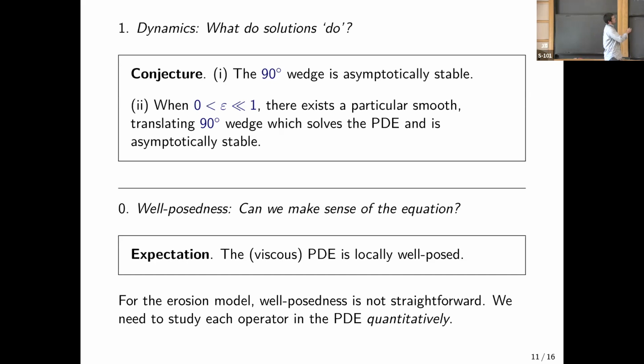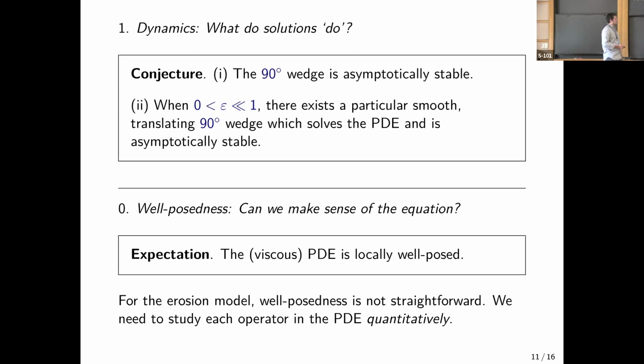But I wrote this as step 1. There's a step 0. The step 0 is really, do the equations make sense? So we talk about, are they well posed? Do solutions exist? Are they unique? Do they depend in a sensible way on the initial data? For most PDEs, you don't have to worry about that because they fall into a theory that's well developed, and we know that well posedness is kind of for free.